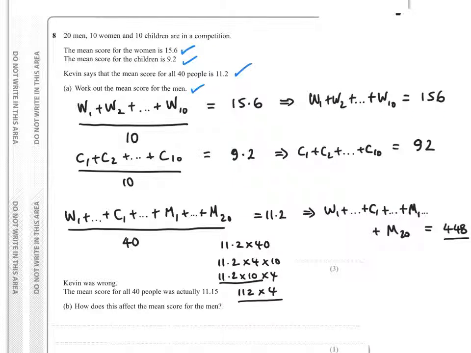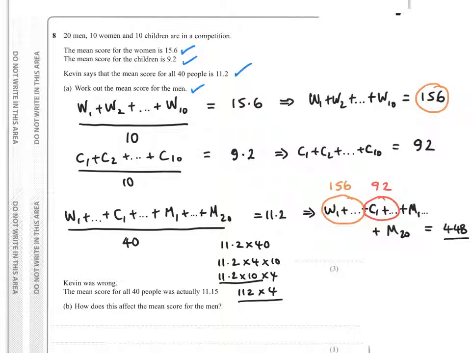So what we know is that the sum of all the women was 156. The sum of all the children is 92. And we've just got to work out the mean score for the men.